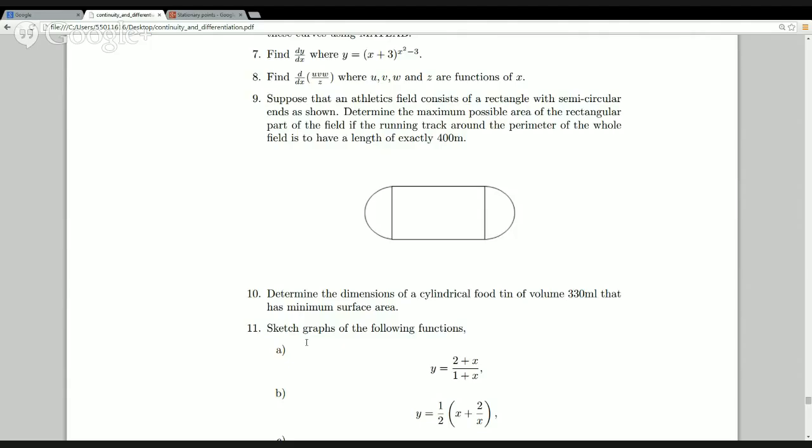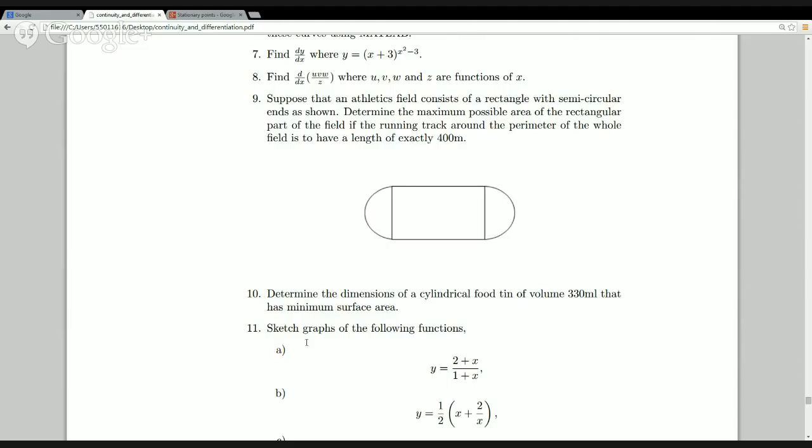Now you've got a choice about how you want to write it. You can either think of this as telling you what r is in terms of h or what h is in terms of r. I think we'll do it this way. So h is 330 over pi r squared. That's equivalent. That's just another way of writing the volume constraint.